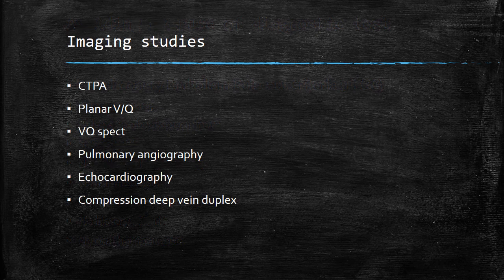Imaging studies include different types of imaging. The foremost important is CTPA, which is CT scan of pulmonary angiography. Then we have planar ventilation perfusion scan, ventilation perfusion SPECT, pulmonary angiography, echocardiography, and compression duplex scan of the deep veins.